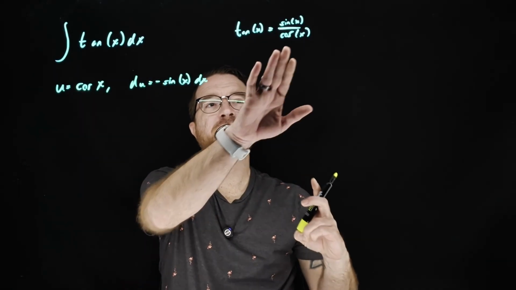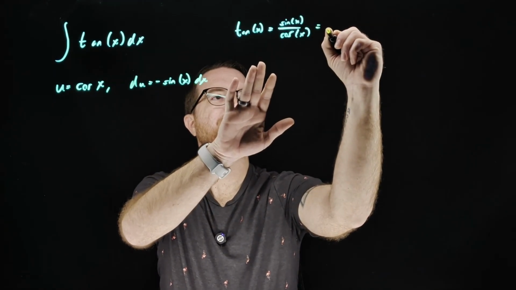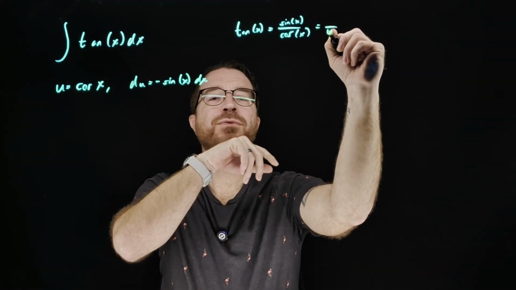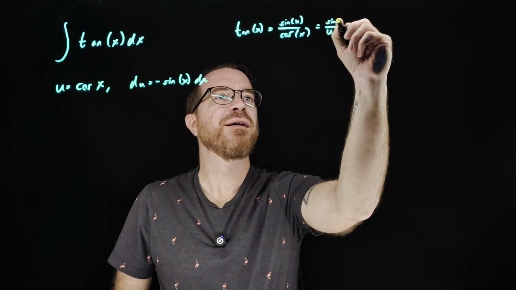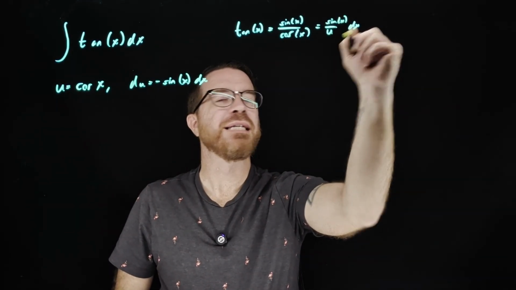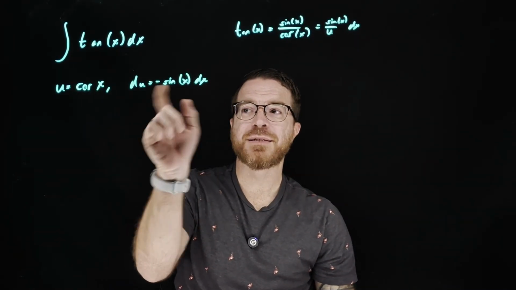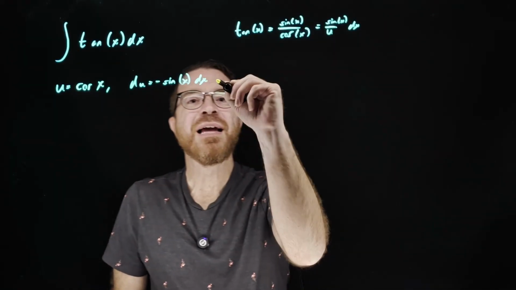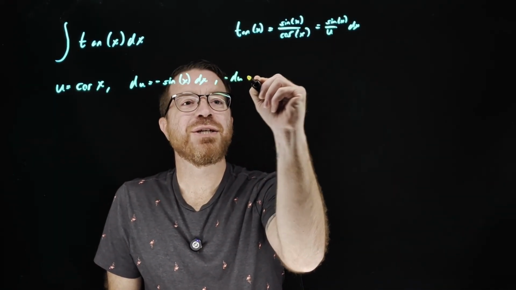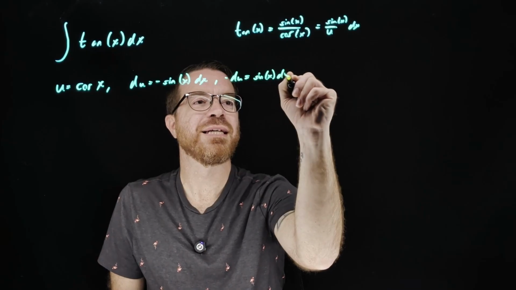Now let's look at this tangent over here. We have cosine, which we just said is equal to u. So what are we left with in our integral? We've got sine of x dx. Right now we have negative sine of x dx equal to du. So all I have to do is bring the negative to the other side, and I will have negative du equals sine of x dx.